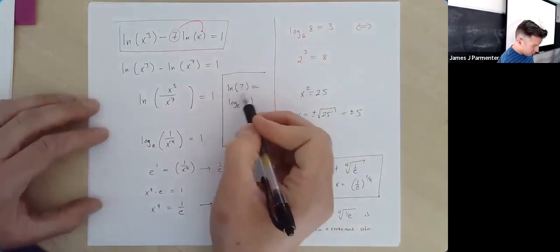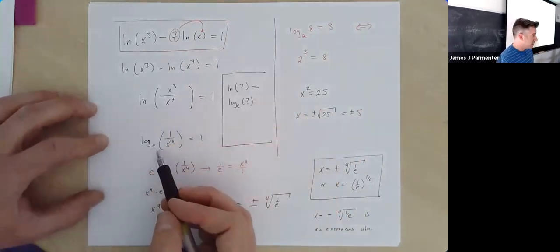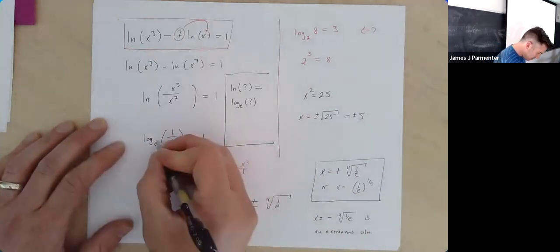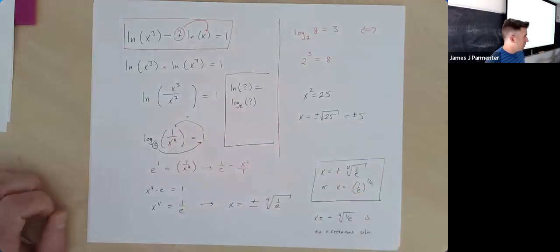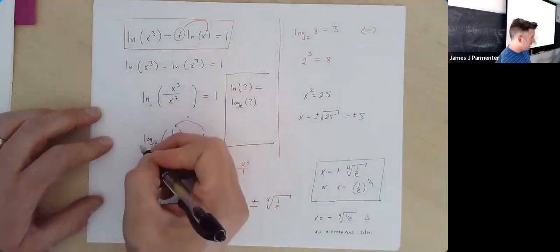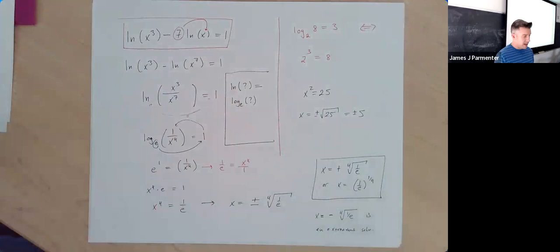This is just an abbreviated shorthand notation. The reason I rewrote it this way was just to make it extra clear that I could rewrite this as e to the first equal to 1 over x to the fourth. I could have done that here as well. I could have said, oh, there's a base of e there. I just didn't write it, raised to the first power equals that. But I just want everyone to be super clear.